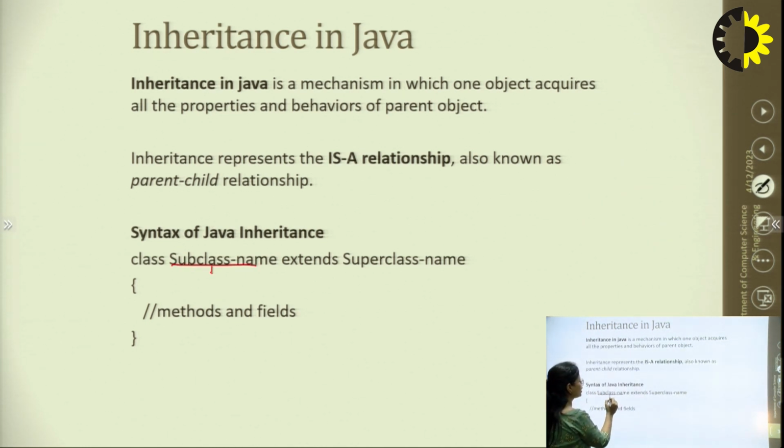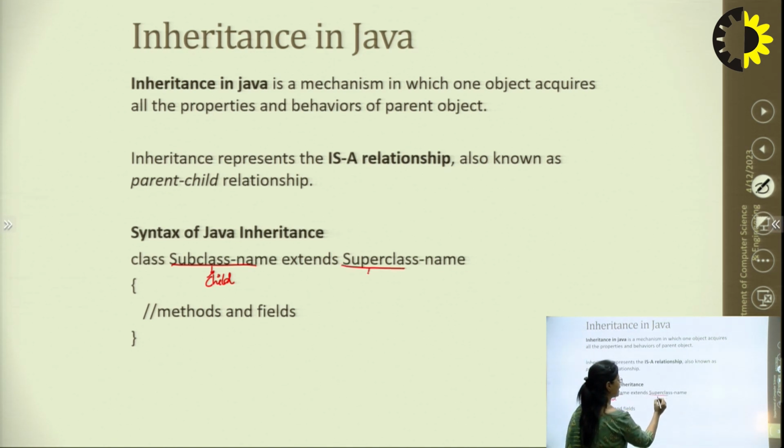Subclass is also known as the child. Subclass name extends superclass name, which means class child extends class parent. Into that class we write all the methods and fields we will be using. This is the basic syntax for Java inheritance.